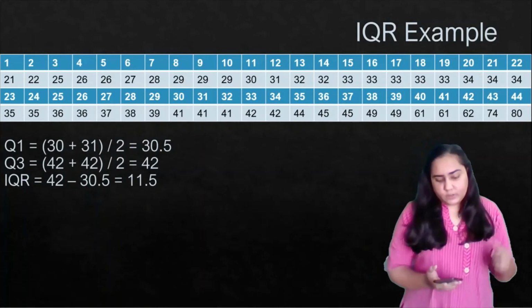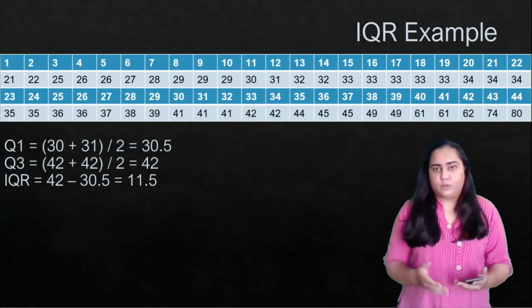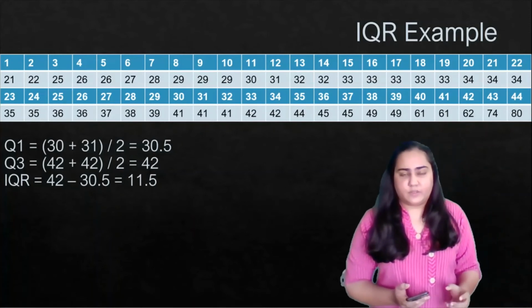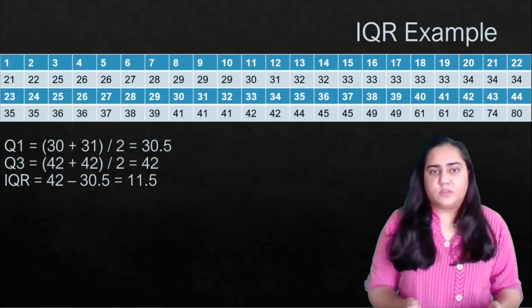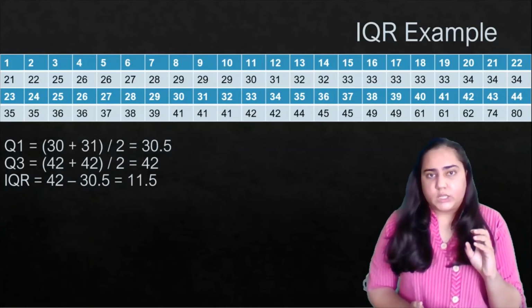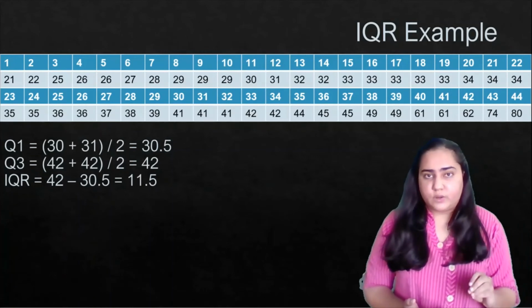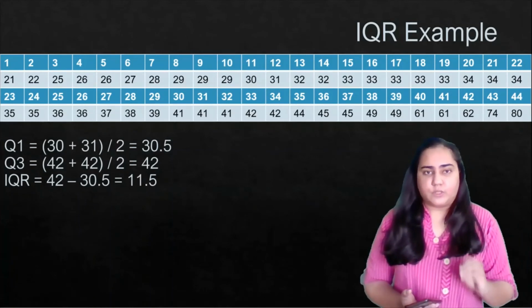Now I need to find the median of my second 50%, which is the one below it. Once again, there are 22 observations. So the middle points are going to be the 33rd and the 34th observations, which are 42 and 42.